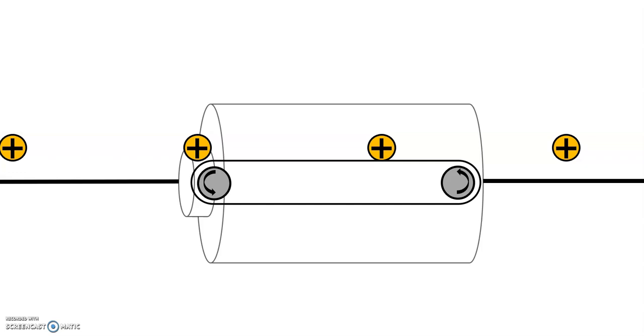So if you imagine kind of like a travelator on the inside, and what the travelator does is basically 2 rotating axles with a kind of rolling surface going between them. You probably see these things at the airports when you're in a rush to get down to your terminal. It's like an escalator that's flat and moves horizontally along the ground. And what that does is it takes the charge from the negative terminal and moves it up towards the positive terminal.